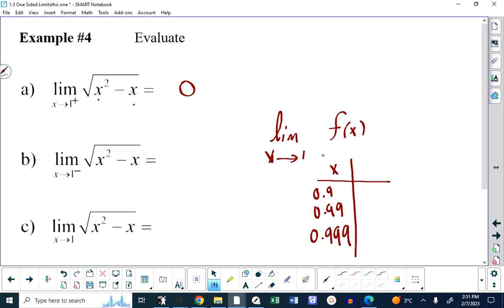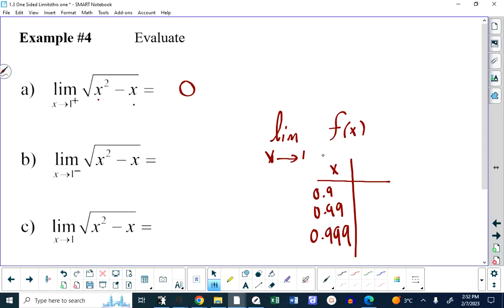Now, those of you that have not taken Math 30-1 yet are at a disadvantage. Because something you learn in 30-1, which comes as a surprise to many students, is when you square a number, it doesn't always get bigger. If you square a number that's less than 1, it gets smaller. You can try this. Take 0.999 and square it, and you're going to get a number less than 0.999.